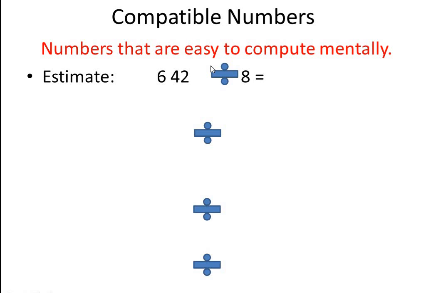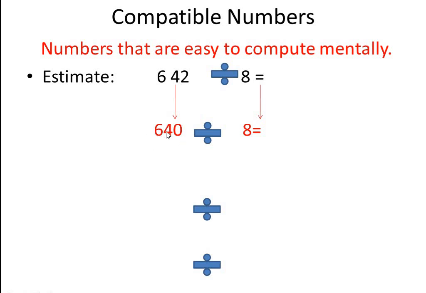Now, in estimating, as we said, we use the concept of compatible numbers, where one of them is a multiple of the other one. Here, if I want to divide 642 divided by 8, it's easier for me to round 642 into a number that is a multiple of 8, like for example 640.